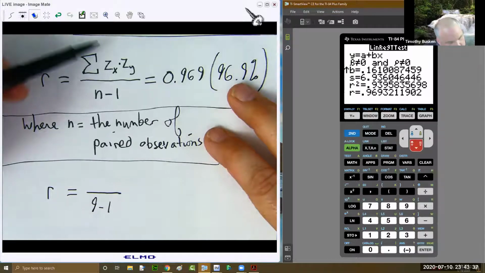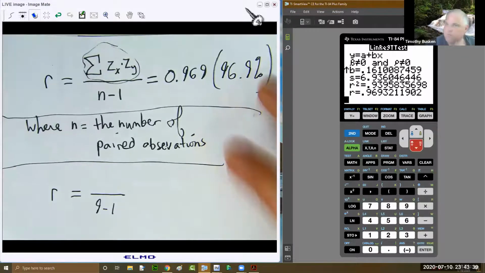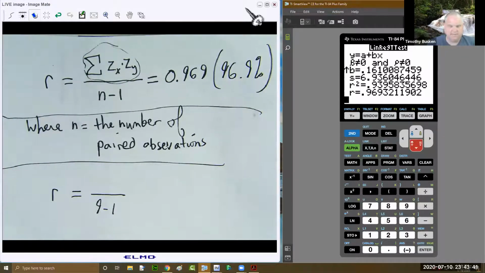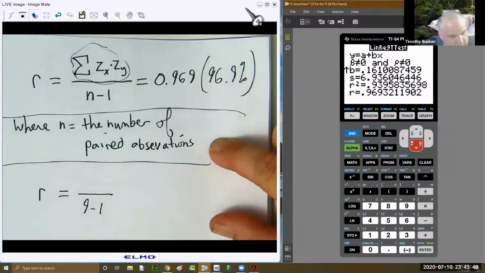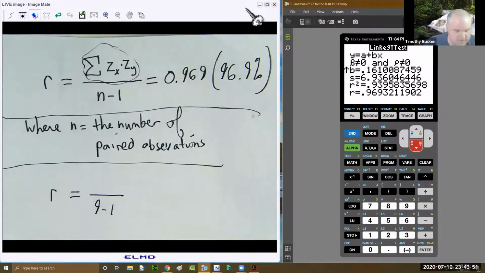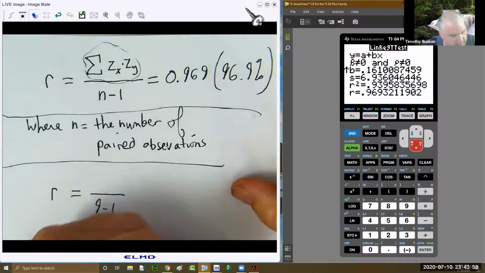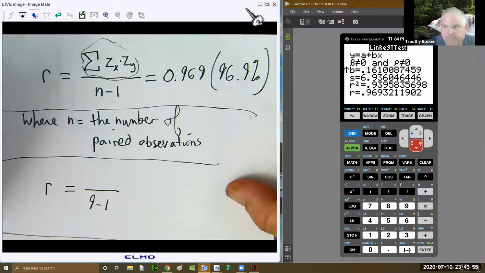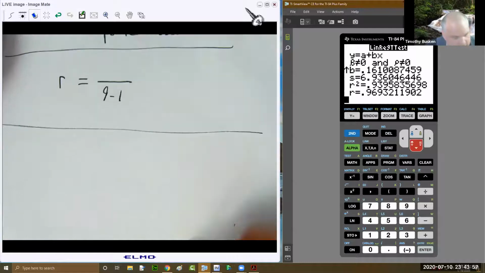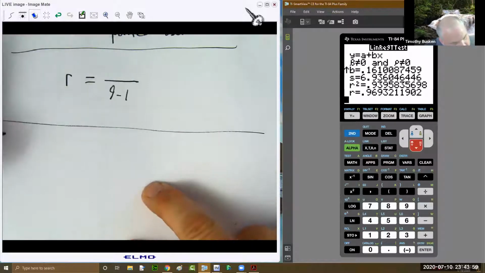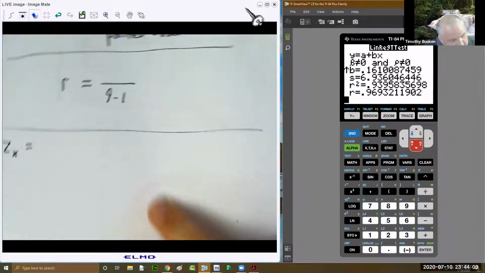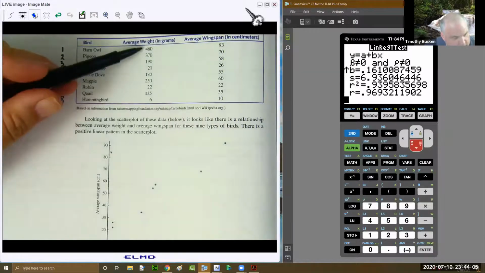If we want to get the numerator, that's where the trouble sort of begins, and that's why I recommend using the calculator the way I did to find r. But just so you know, I'll do a little bit of this briefly. To get the numerator, we need to find the value of zx and zy for each one of the values of x and y.